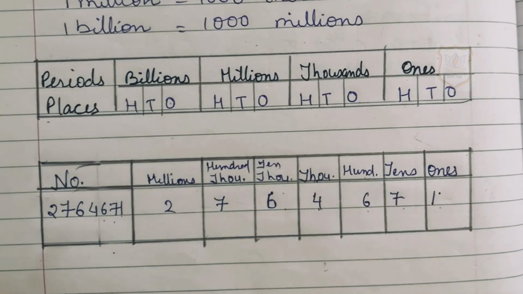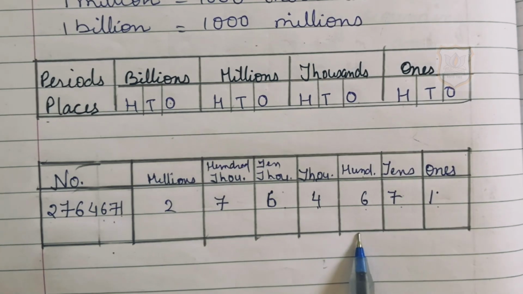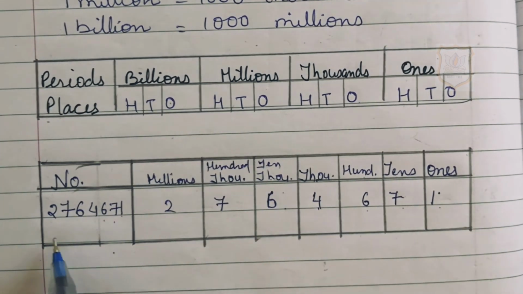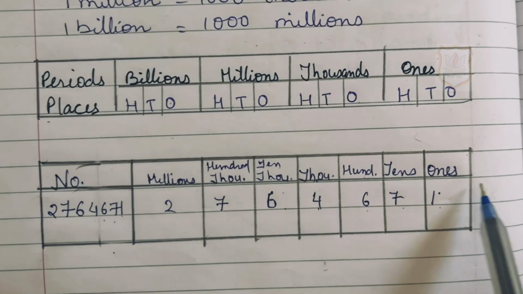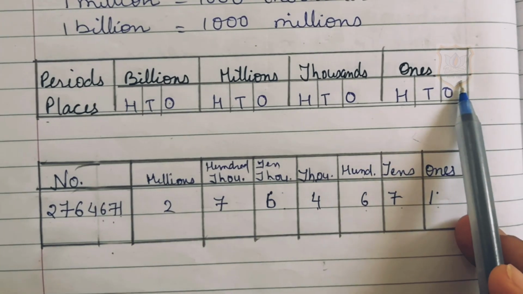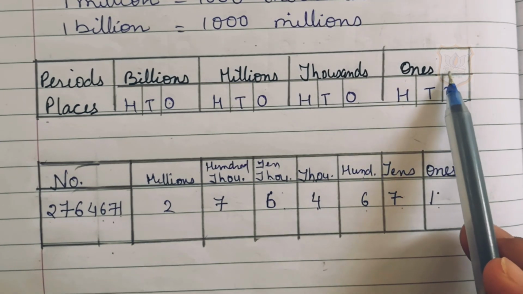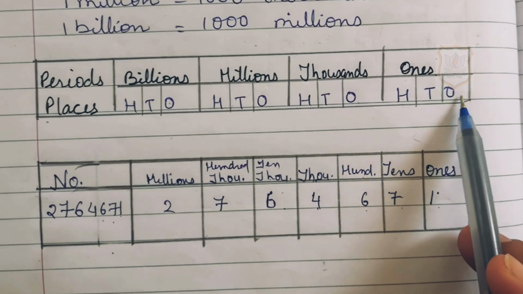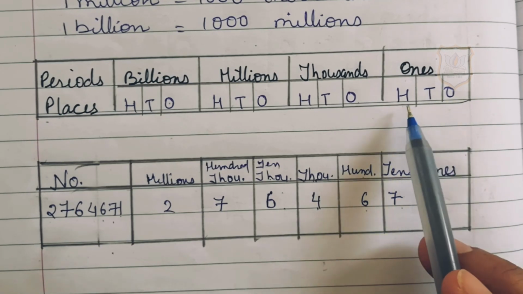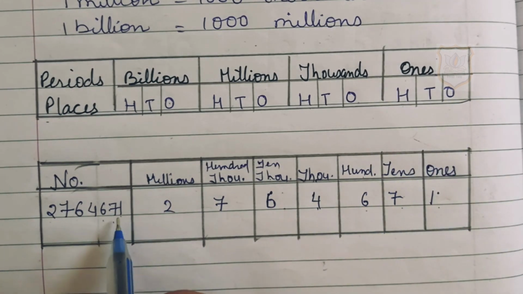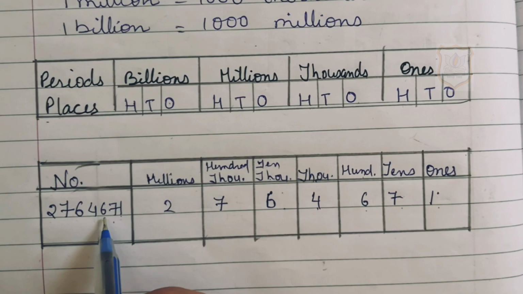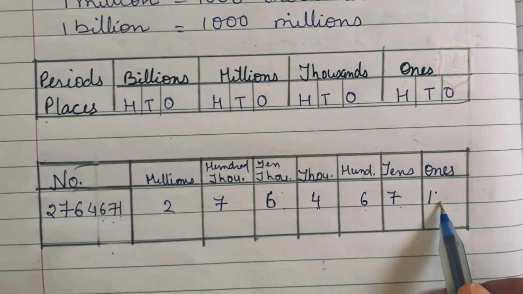Now students, again I will draw a place value chart to explain the example. Here the number given is 2,764,671. As I have explained, in the International System of Numeration, in the period of ones 3 places are given, ones, tens and hundreds. So the last 3 digits we will place here.